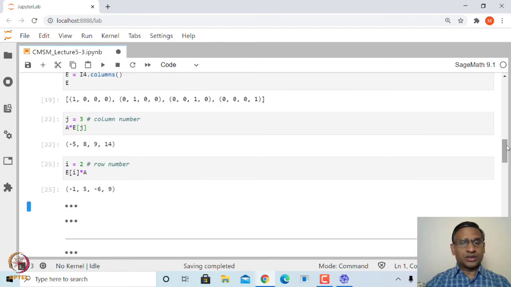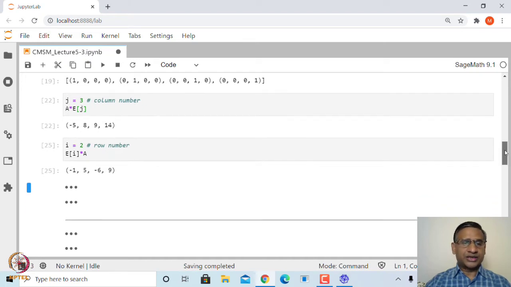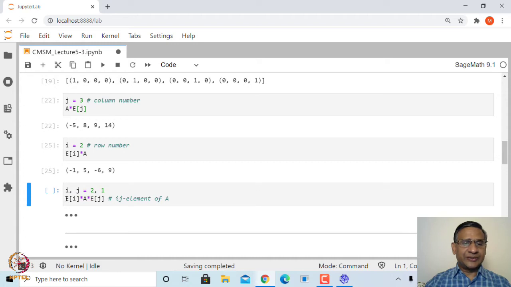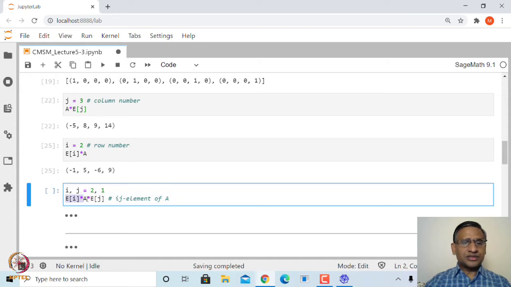So that is one way of thinking of rows and columns of a matrix. Basically we are visualizing them as vectors. Now in case you multiply Ei with A and with Ej, what will you get? A times Ej is a column vector, and then you are multiplying by Ei, so this will give you a dot product. So it will be the ijth entry.